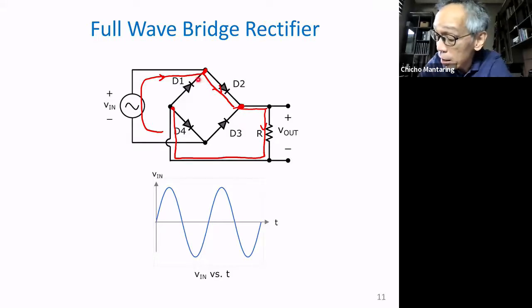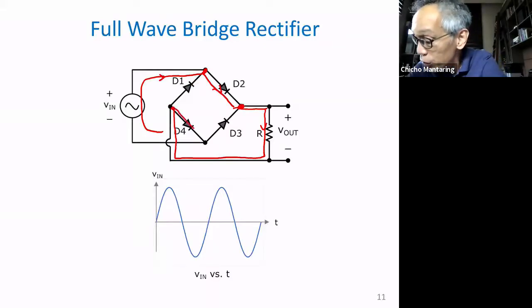But the diode is not a source of energy. The diode does not provide any energy. So the current cannot go back up to where it came from without a source of energy. Here it can, because Vin is a source of energy. But if you're here, D1 is not a source of energy, so you cannot go up there. So your current will go down here.